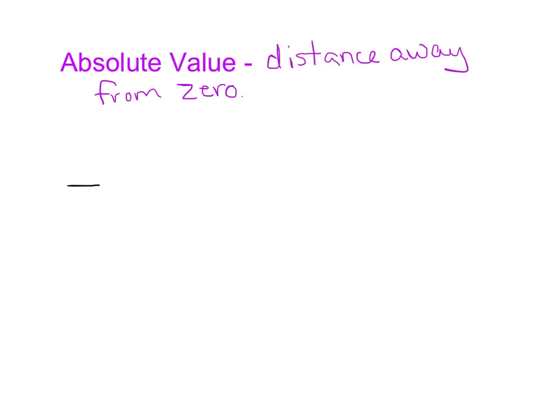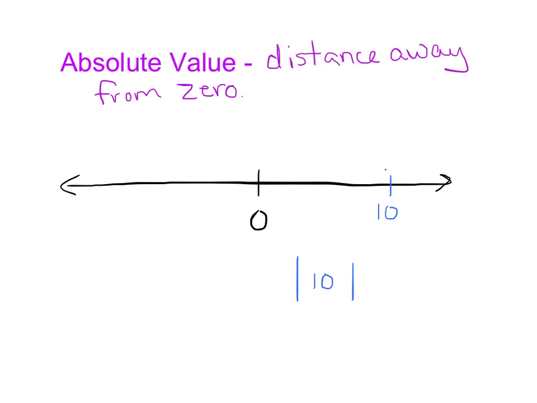So, if I take that example of 10 again, the absolute value of 10, and this is the symbol for absolute value. It's a straight vertical line on either side. So we can add that to our definition. The distance away from 0, and we can say absolute value is written with these double bars with the number in the middle.